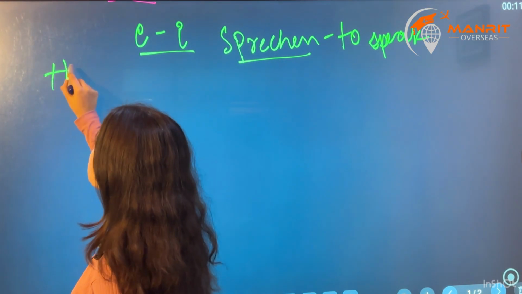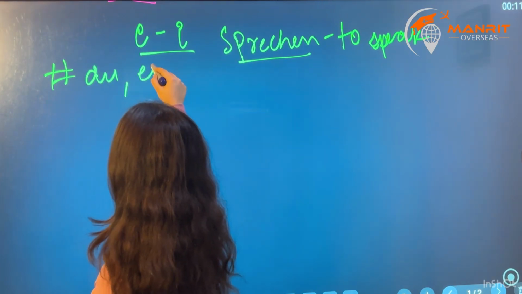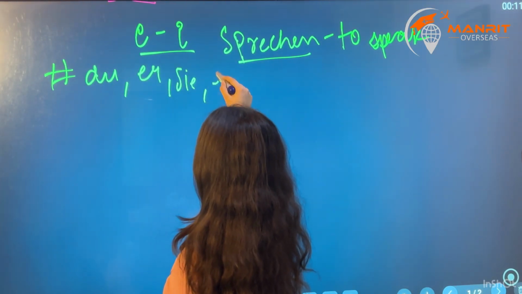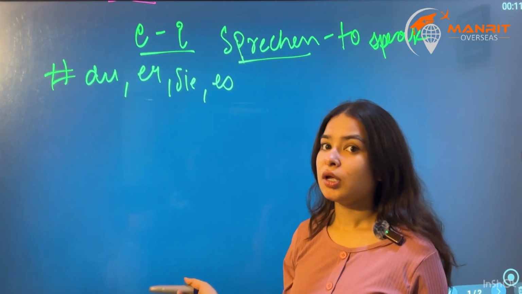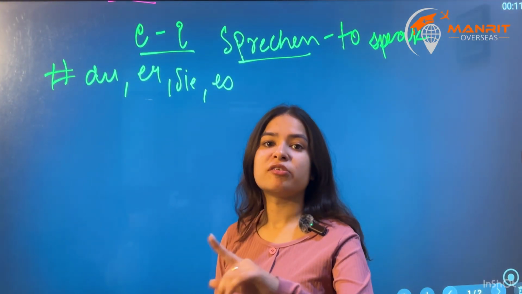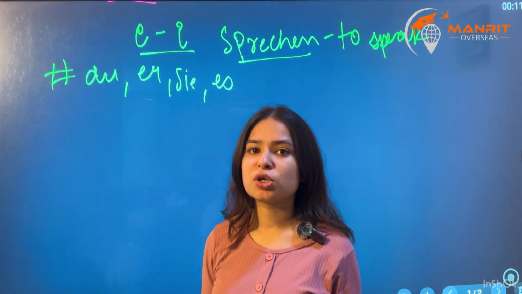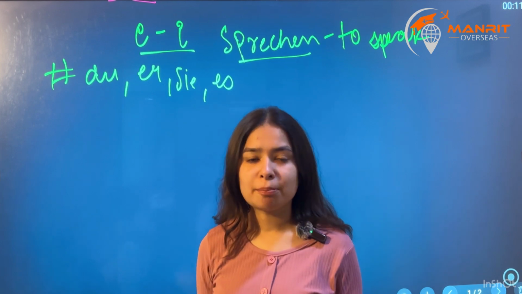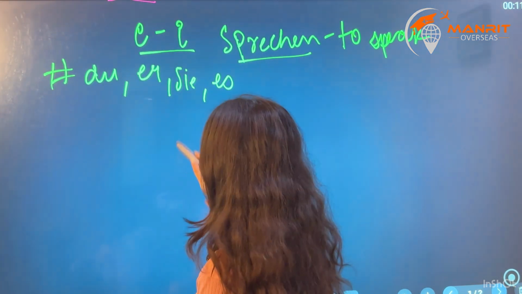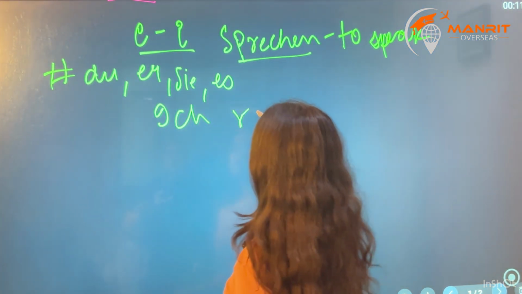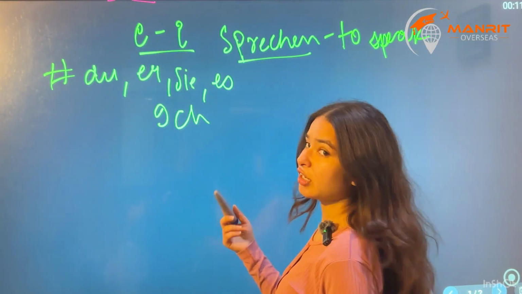Again, you have to apply this rule only to du, er, sie, es conjugation and not to any other. If you apply this rule to any other conjugation, that will be completely wrong. Okay, now I will follow the same thing just like we did with the verb lesen.